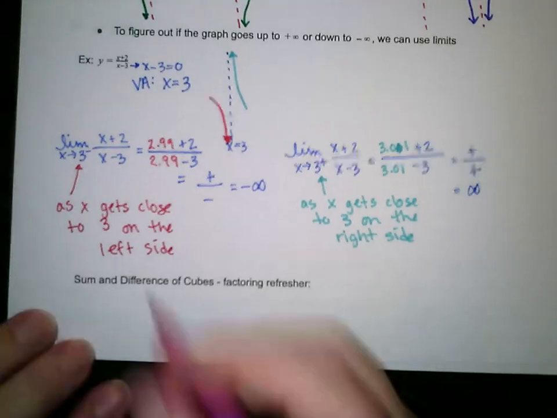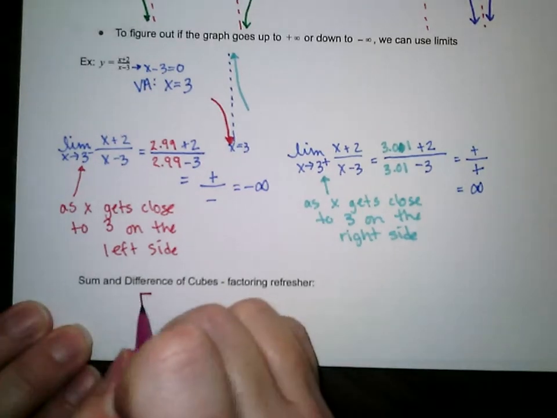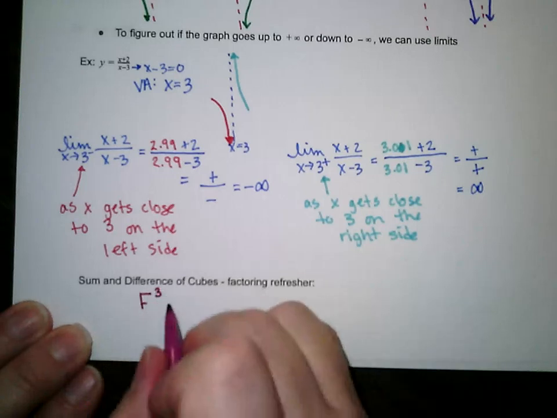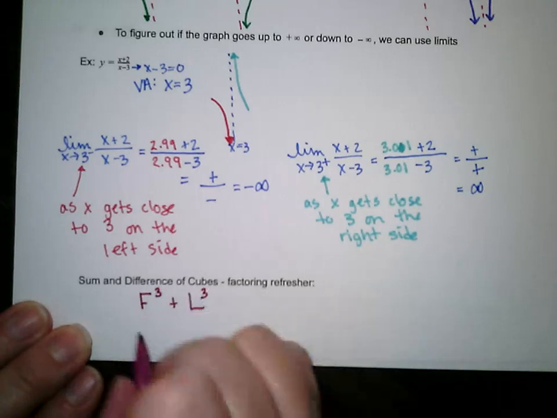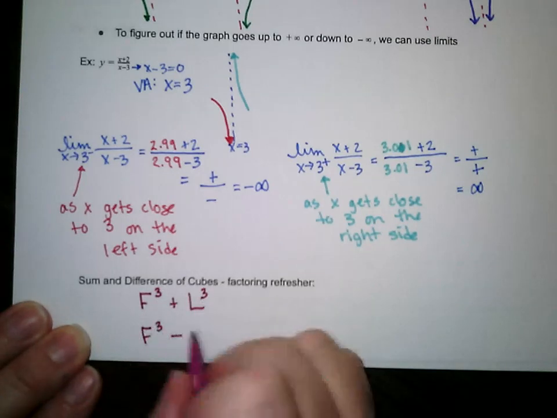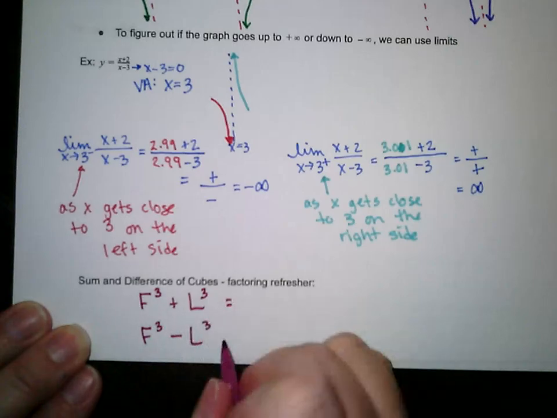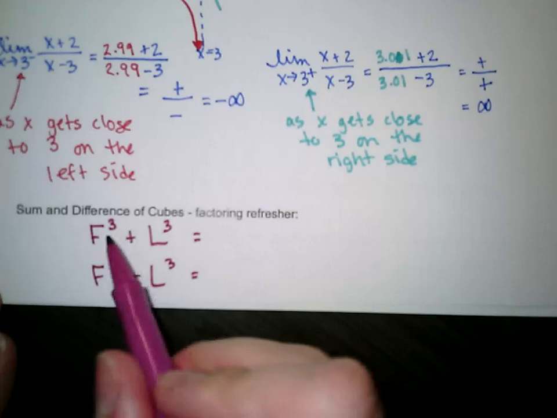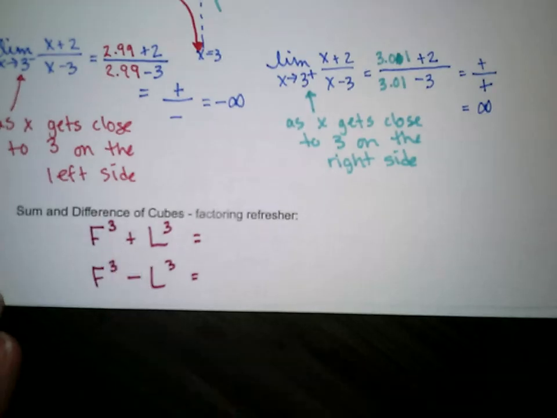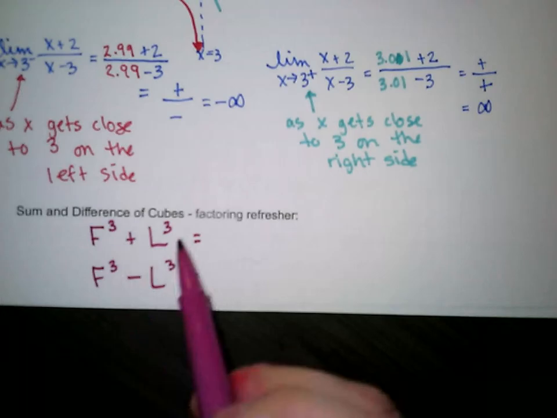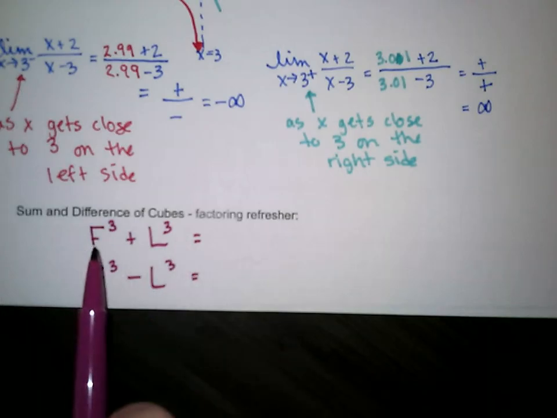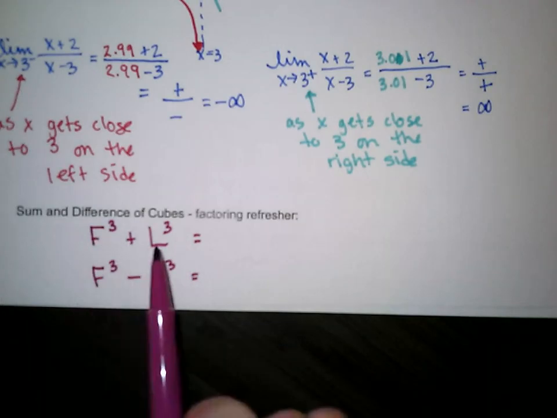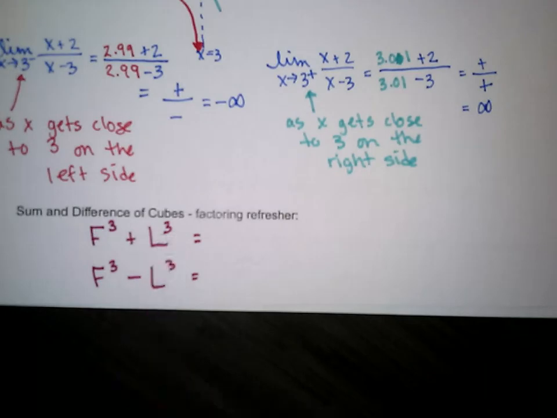So that sum and difference of cubes, there's f cubed plus L cubed, and then f cubed minus L cubed. So the first thing you have to do is realize that you have this pattern and figure out what thing cubed is in this first space. So it might be like x cubed plus 8. Well, then f would be x because it's x cubed, and L would be 2 because 2 cubed gives you 8.